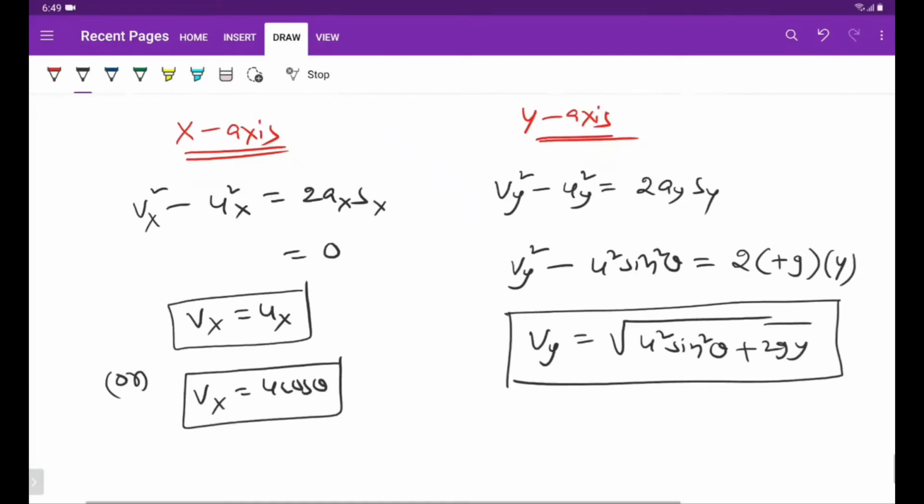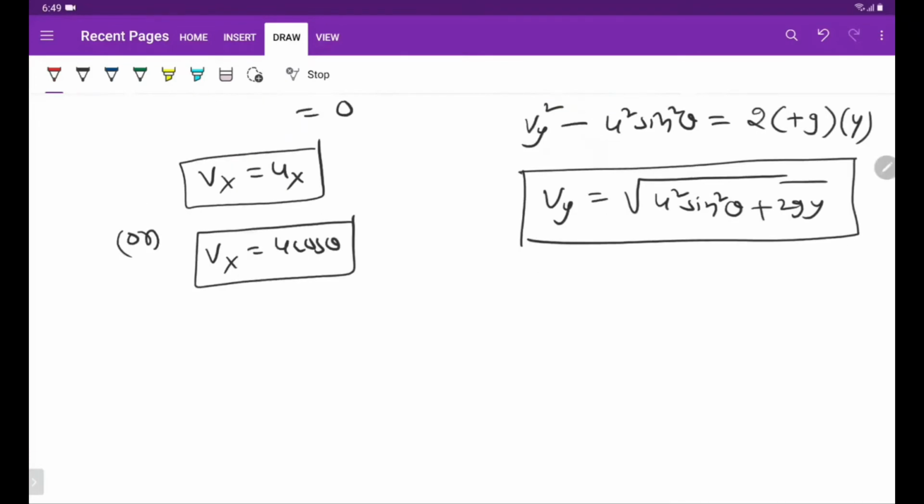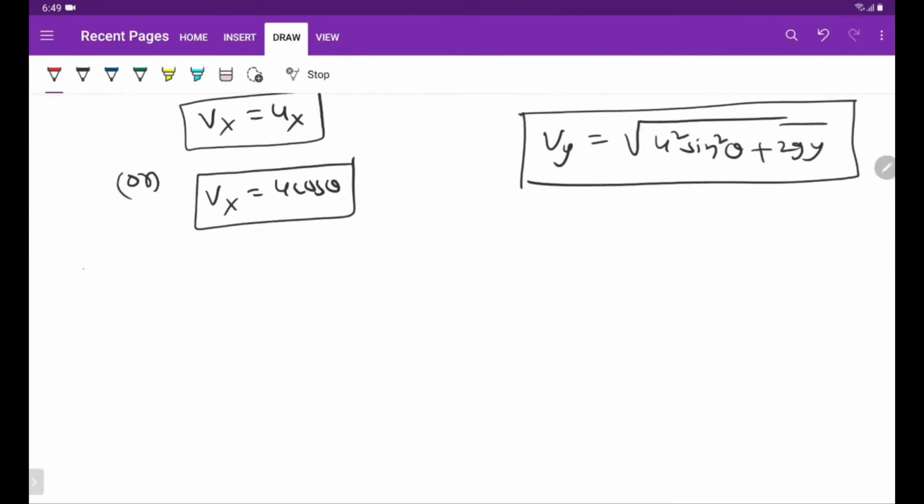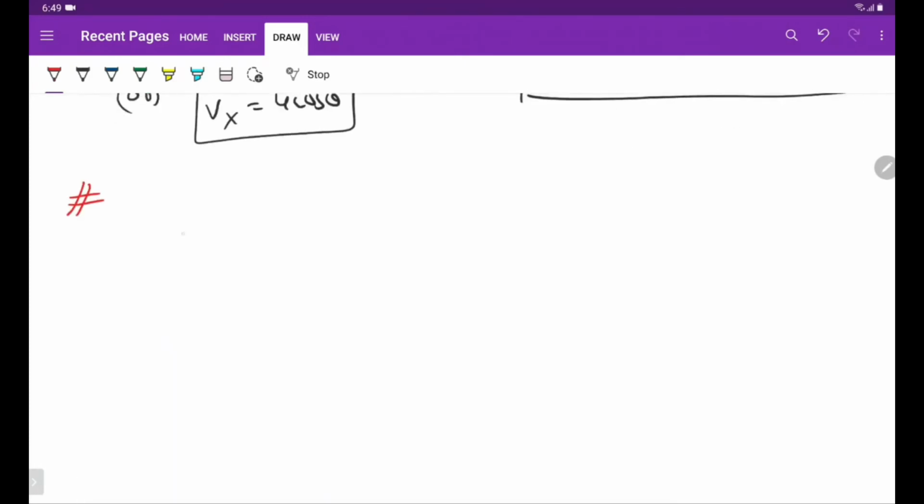So we'll see one application. This is the first step, second step, third step, so we can solve using the above concept.